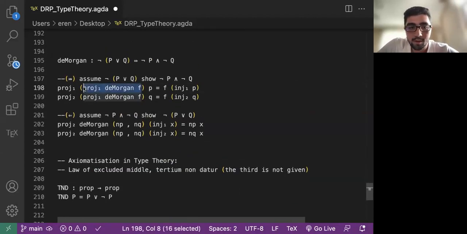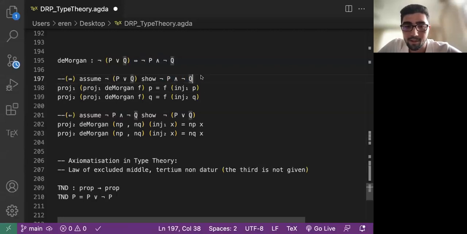So this, again, is a function. But what I want to get is something in the form of and: not P and not Q. These can also be split. So I use projection 1 and projection 2 to split it.